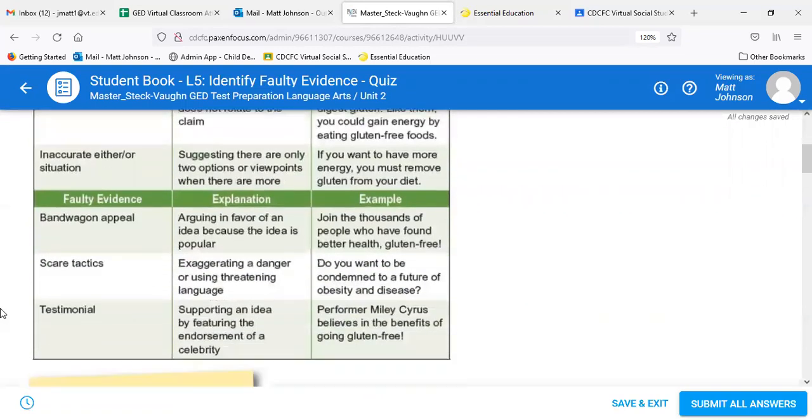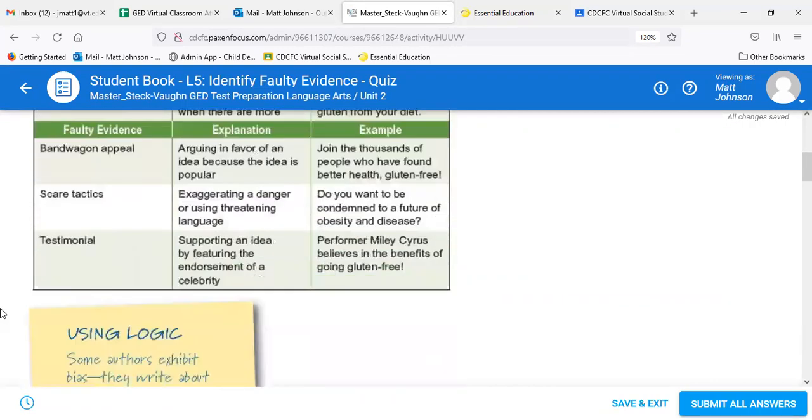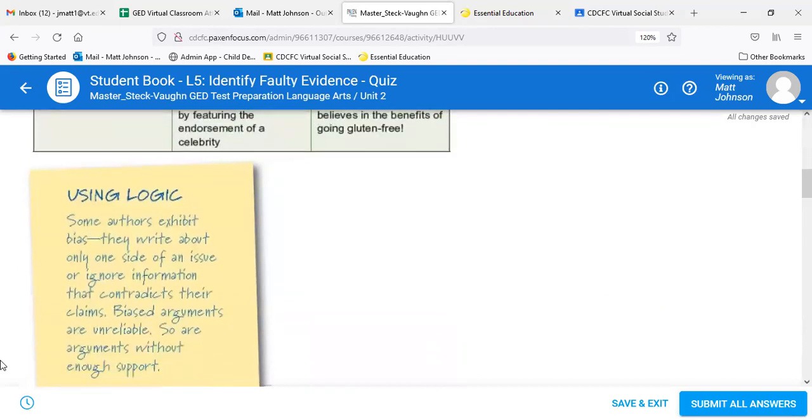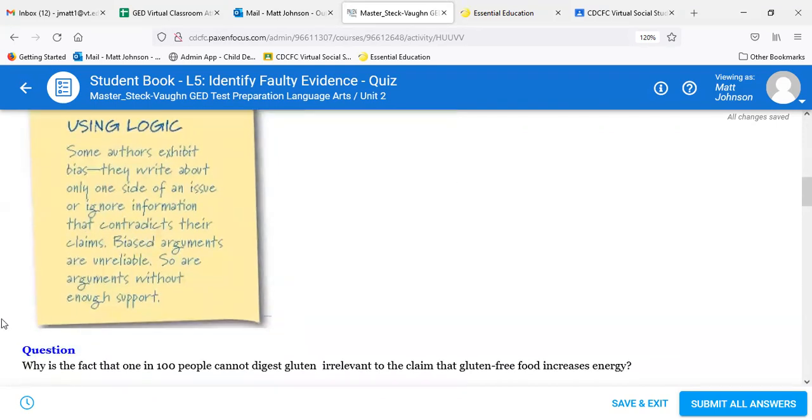There is our table again, faulty reasoning, faulty evidence. It says some authors exhibit bias. They write about only one side of an issue or ignore information that contradicts their claims. Biased arguments are unreliable, and so are arguments without enough support. I think I've mentioned this before in history. We call it cherry picking.